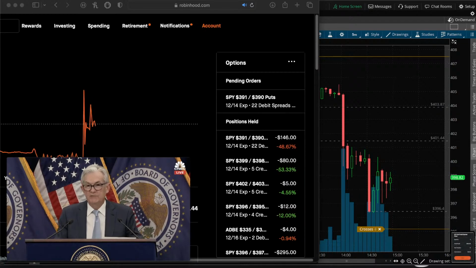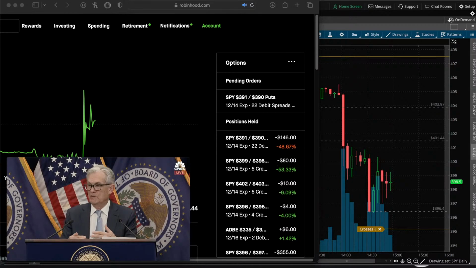That's where we believe you need to see a better balancing of supply and demand in the labor market. It's not that we don't want wage increases. We want strong wage increases. We just want them to be at a level that's consistent with 2% inflation. Right now, if you factor in standard productivity estimates, wages are running well above what would be consistent with 2% inflation.